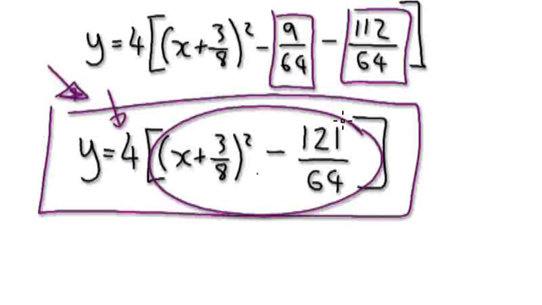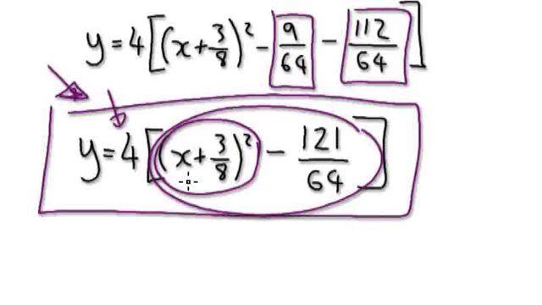Getting this square as small as possible is the same as getting this thing here as small as possible.